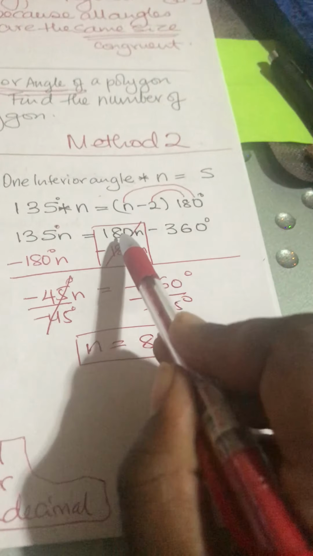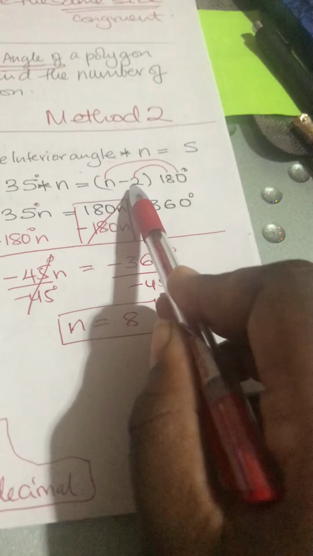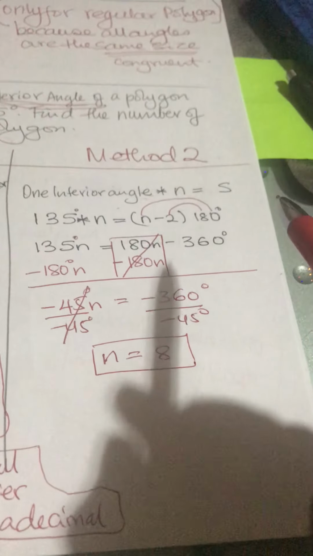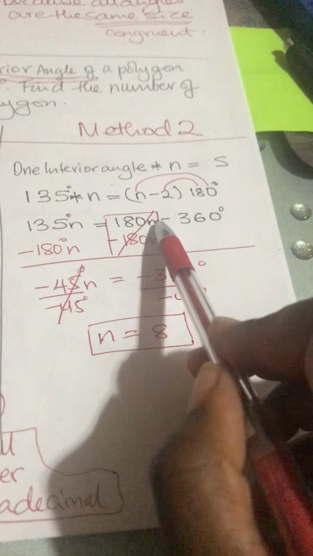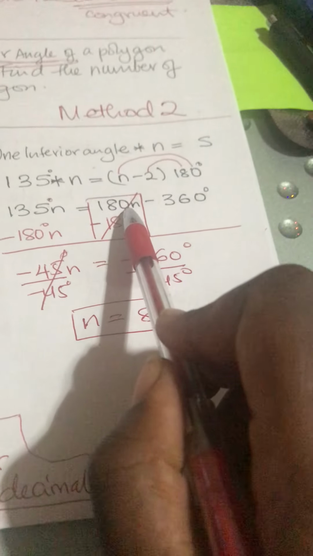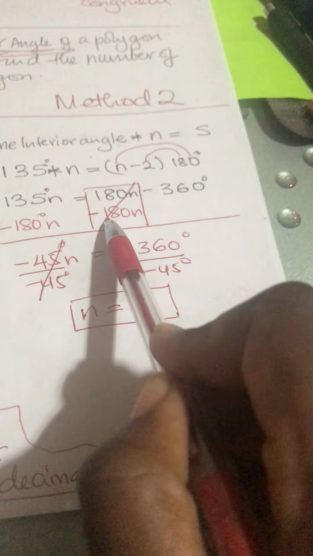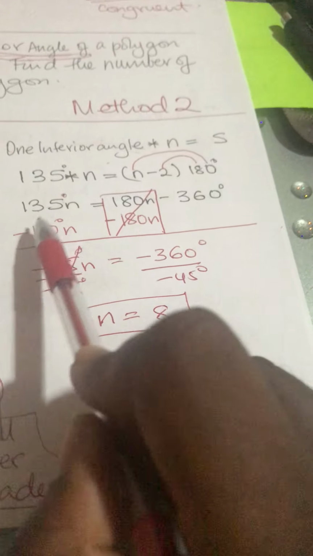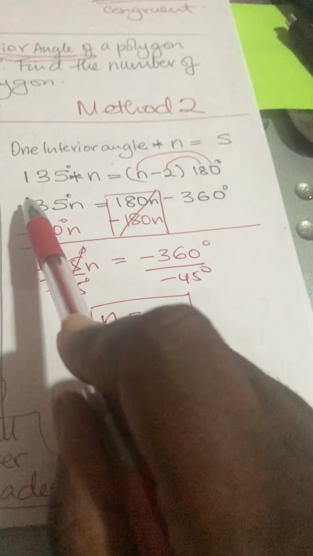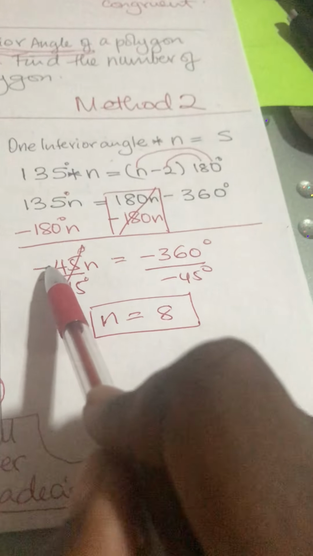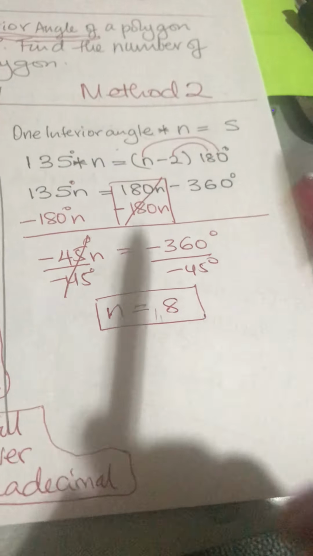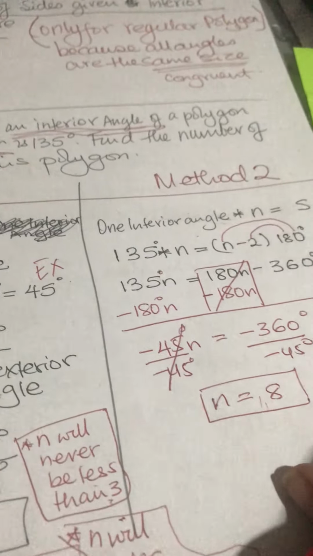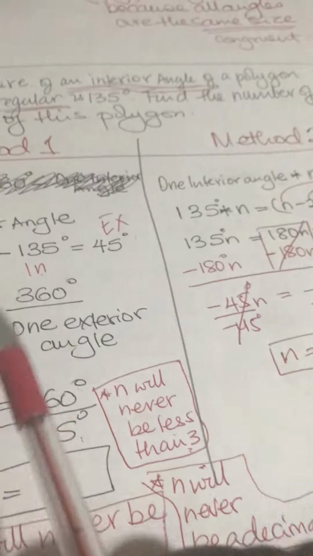So, 180 times n, 180n, 180 times negative 2, negative 360. 135n is friends with 180n. 180n needs to go with 135n. So you move it there. It is positive, you put negative. So you do minus 180n on both sides. Then you get negative 45n equals negative 360. You divide both sides by negative 45, n is 8. Simple as that. So don't choose, know them all. Know method 1 and method 2. No choosing, know them all.